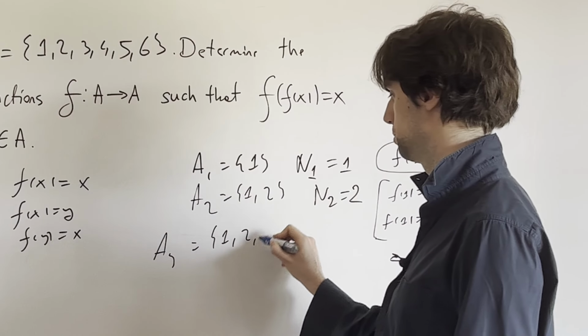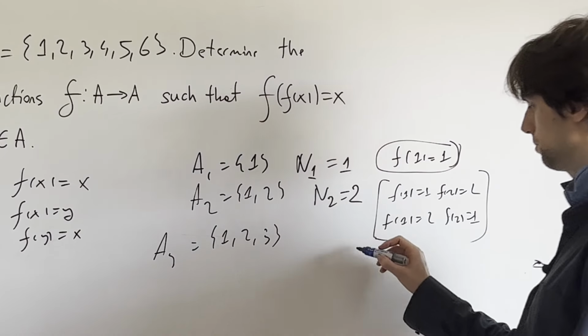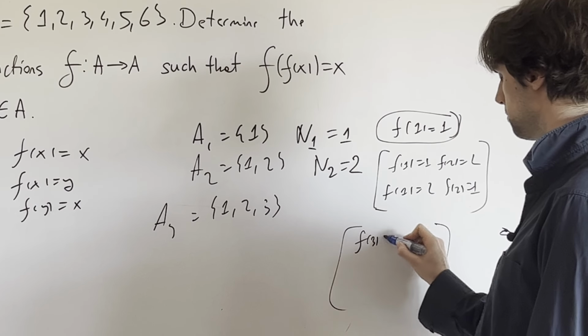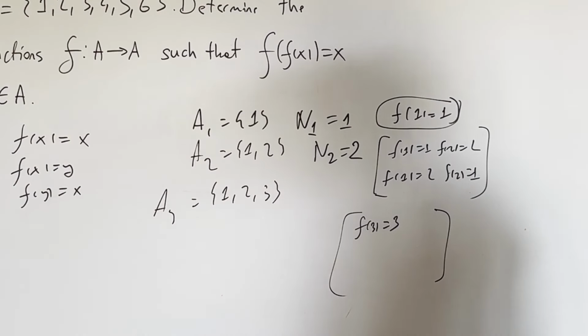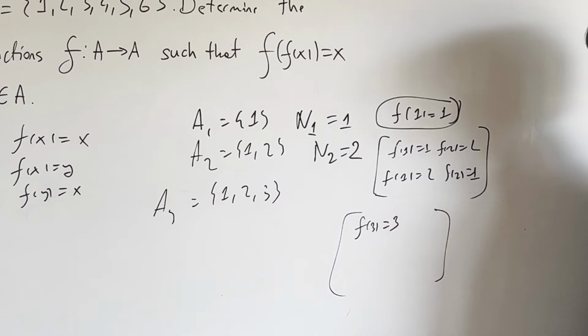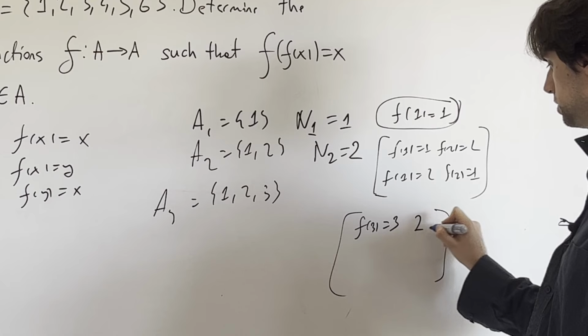Now we're getting up to higher levels of complexity. So now here, what are the functions? Let's write them up. We have f of 3 goes to 3, and then we have these 2 functions for the other 2 values. So we have 2 functions.